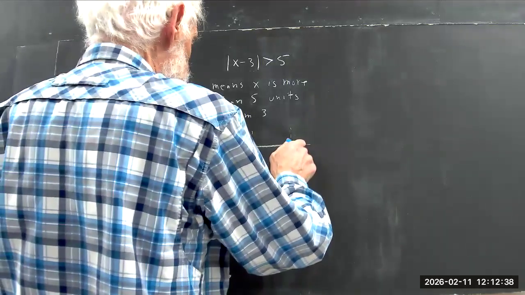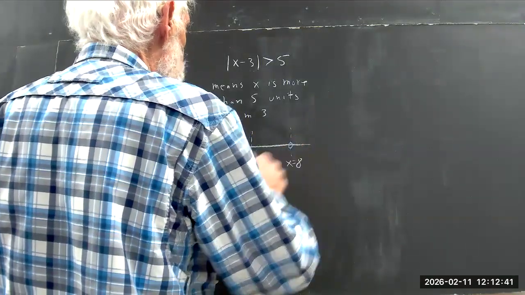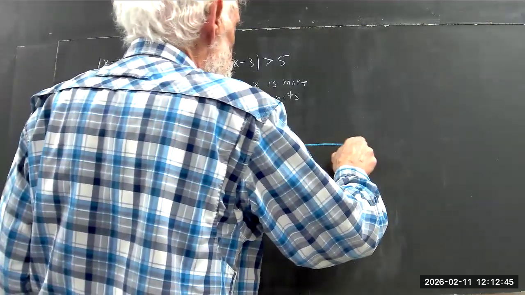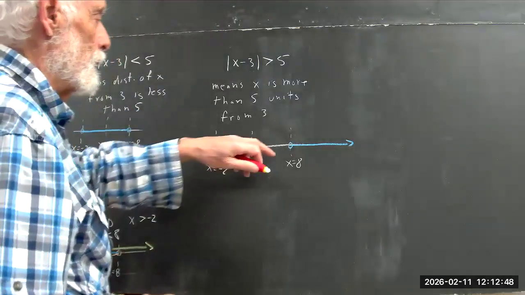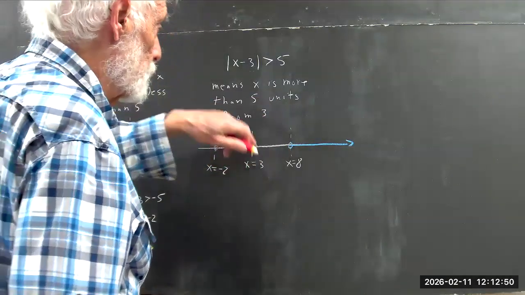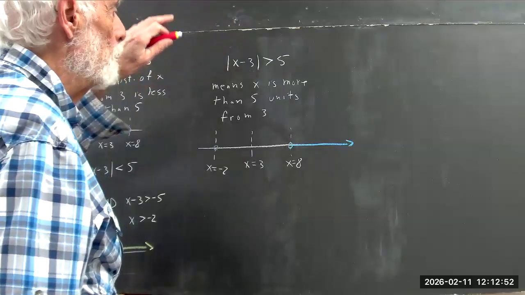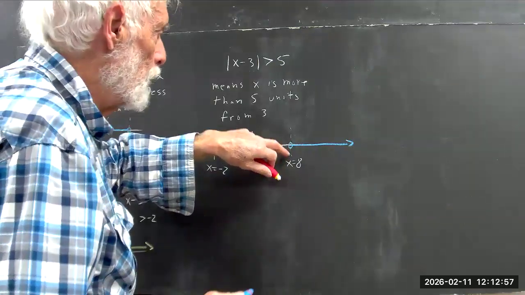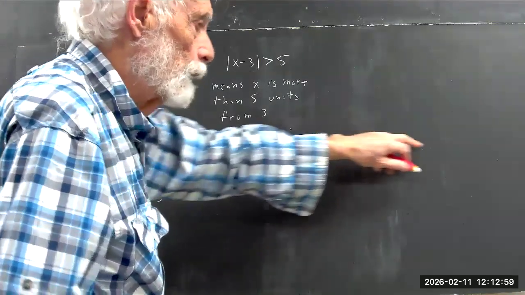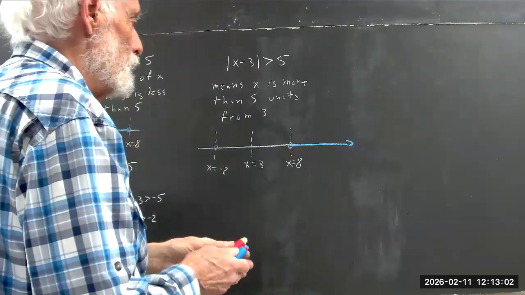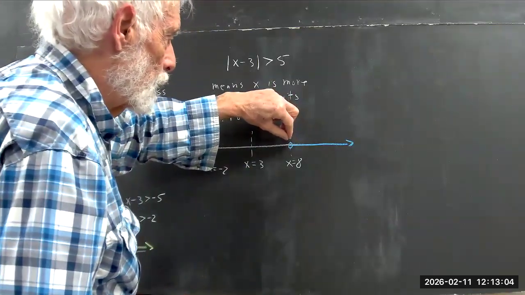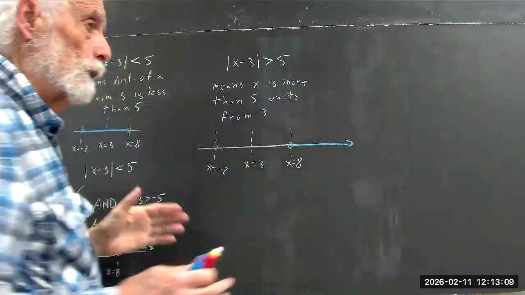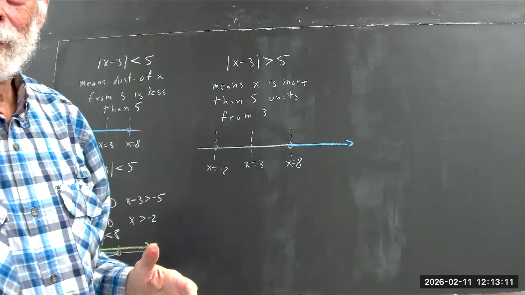Now what we have is all the points that are more than 5 units away. So we draw a little open circle at x equals 8 because we have to be more than 5 units. So 8 is 5 units, it's not more. So we do an open circle and then an arrow going to the right. You can see or visualize that all the points on this arrow are more than 5 units from 3.